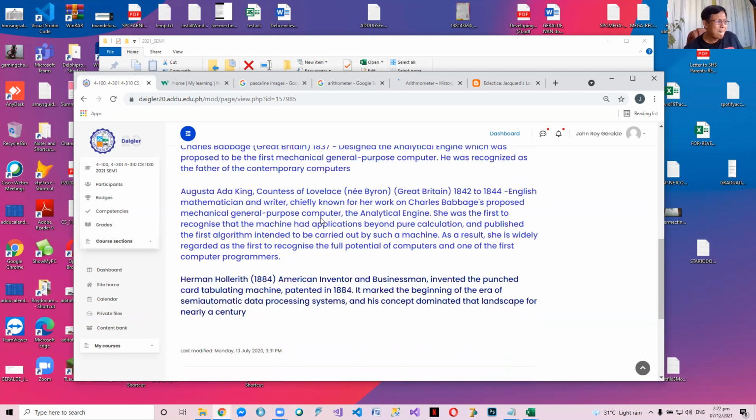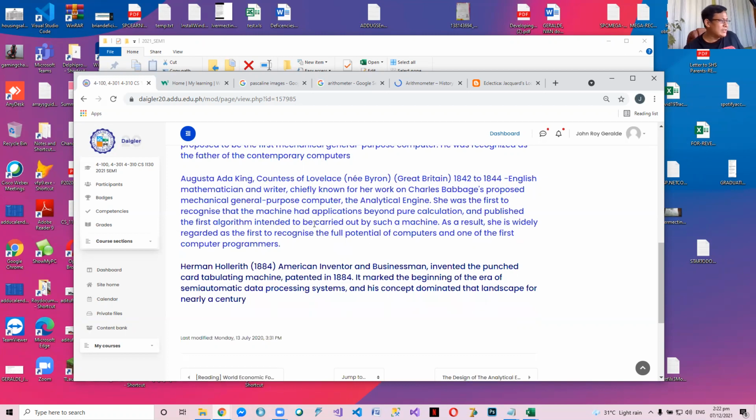Do you follow? She was the first to recognize that the machine had practical applications beyond pure calculation, like computing. We can show sample programs in the analytical engine, even to compute grades. She was the first to recognize that the machine invented by Babbage had applications and published the first algorithms intended to be carried out by such a machine.